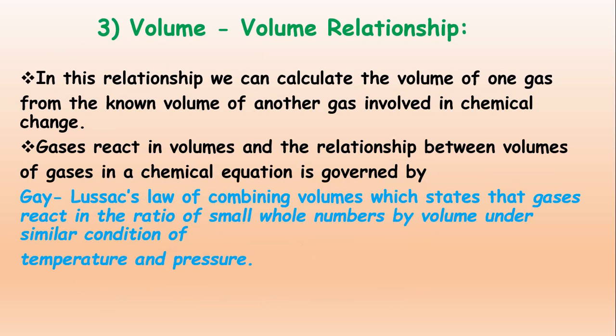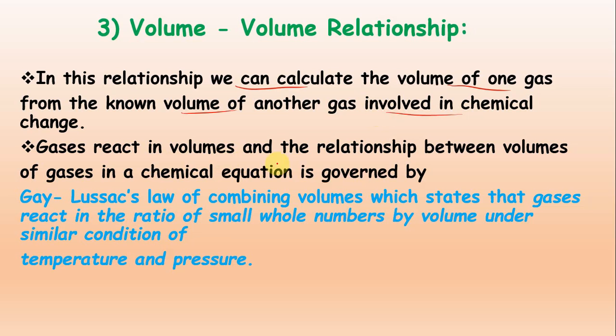Here is the explanation related to the volume relationship. In this relationship we can calculate the volume of one gas from the known volume of another gas involved in a chemical reaction. The volume of one gas will be given, and we have to calculate the volume of the unknown gas.